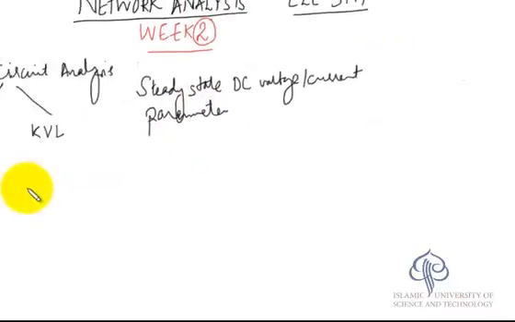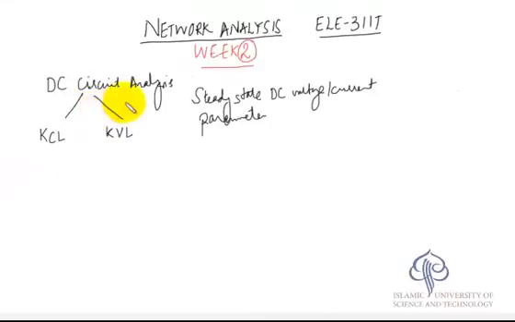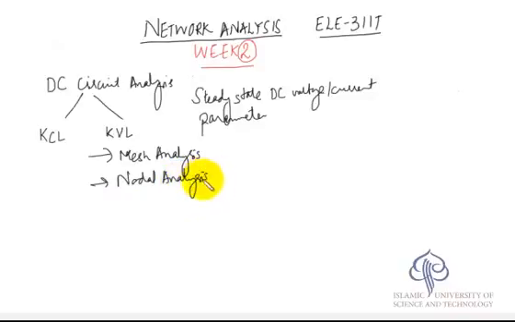Then we saw in the first semester that we can get more sophisticated tools out of KCL and KVL, and those are given by, for example, mesh analysis and nodal analysis, wherein we can deal with circuits which are more complicated, which are bigger in size.